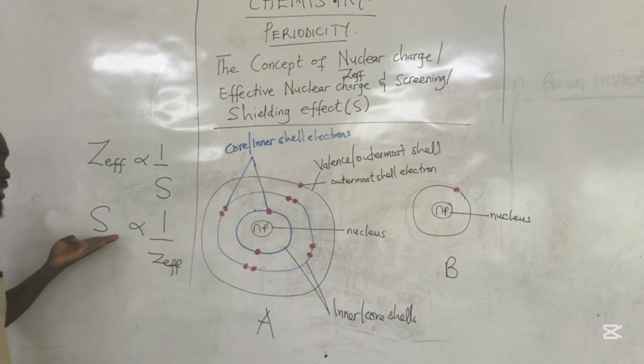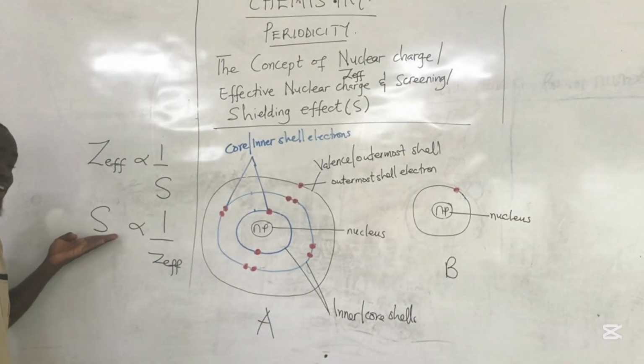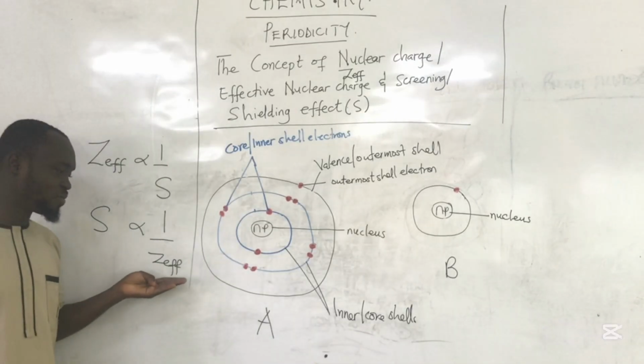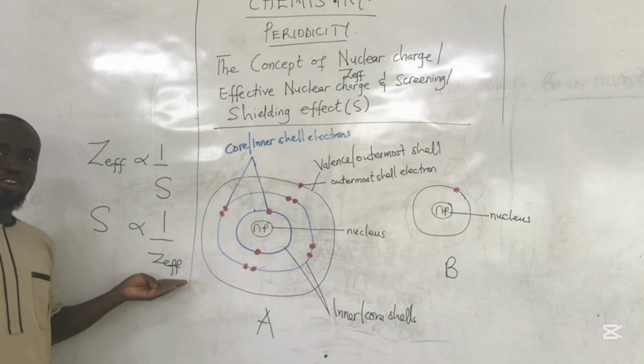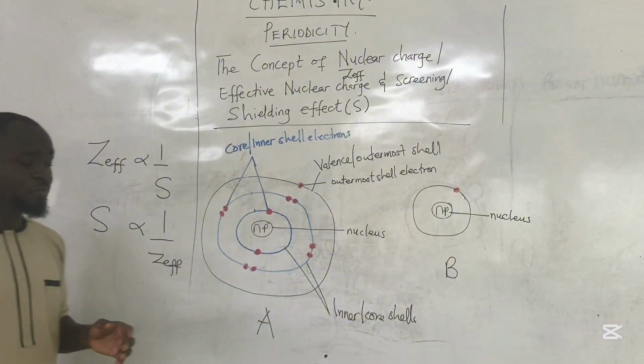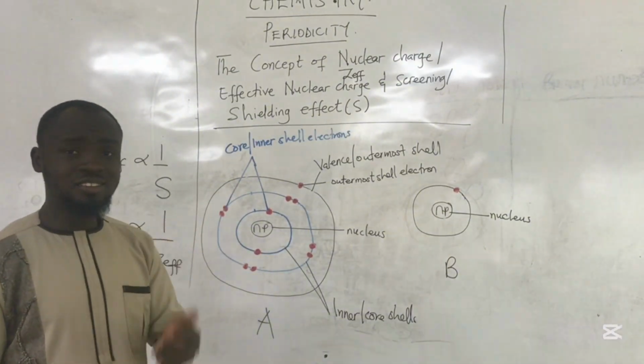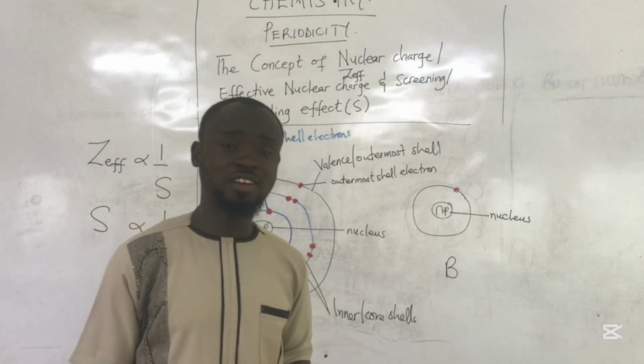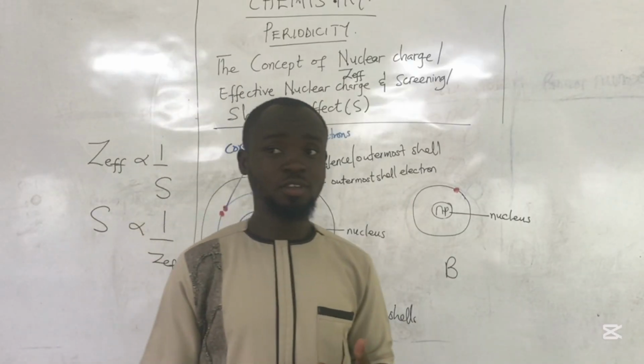And we can also say that the screening effect will also increase if there is a reduction in the nuclear attraction. This is the concept of nuclear charge, effective nuclear charge, and screening effect.